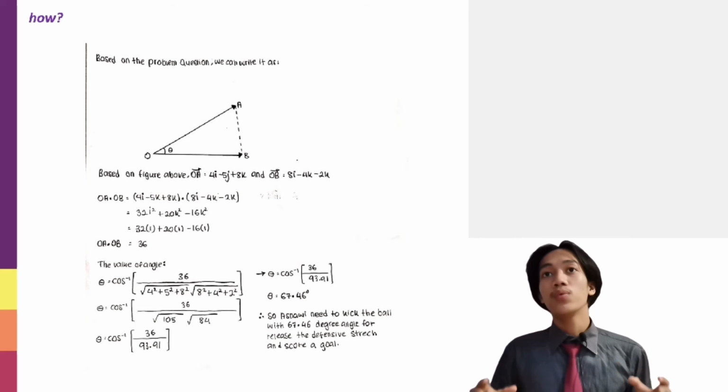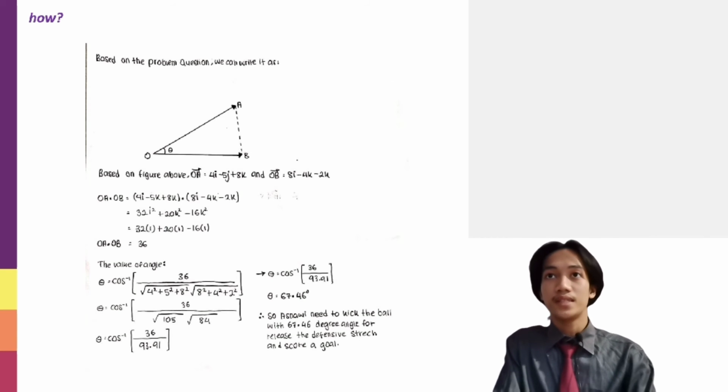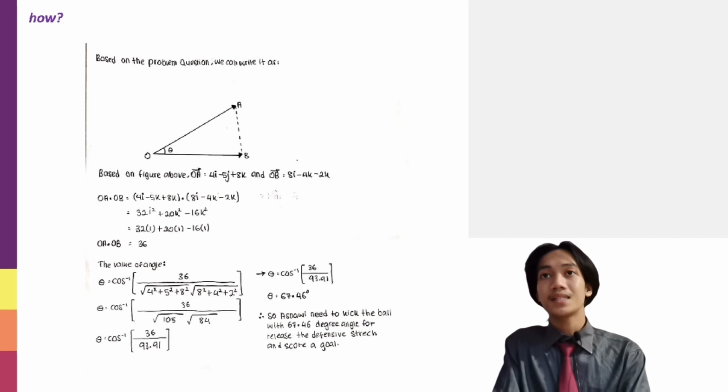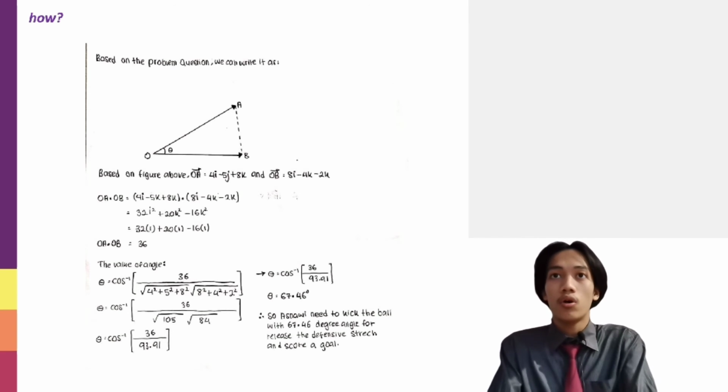We will use the formula that my friends explained a moment ago. Given vector OA equal to 4i minus 5j plus 8k and vector OB equal to 8i minus 4j minus 2k. First, we need to make the dot product of vector OB and vector OA.